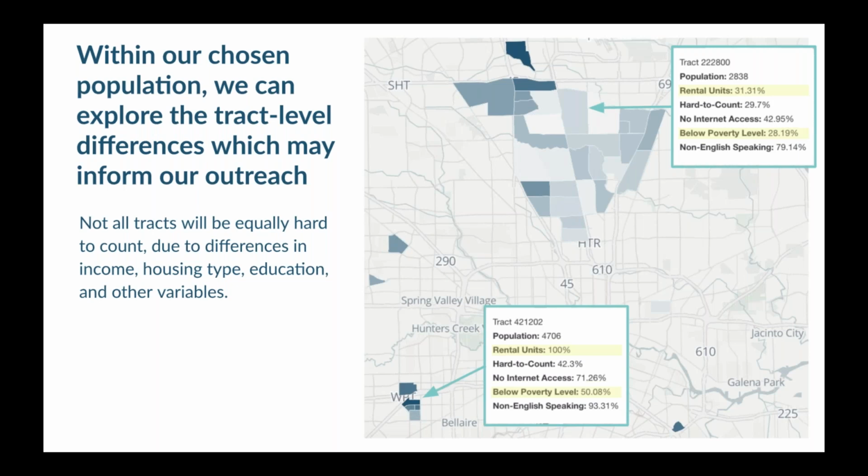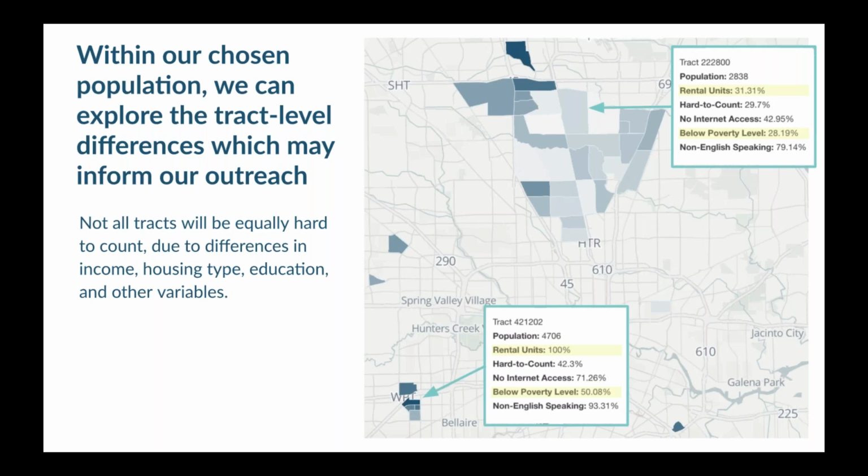But at the same time, we want to acknowledge that even within this small audience of maybe 20 or 30 census tracts, there's a lot of differences between them. So here's just the map of the tracts that we identified, and they're colored by their hard to count scores. That's based on the low response score from the census planning database.